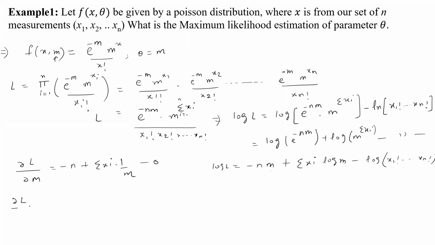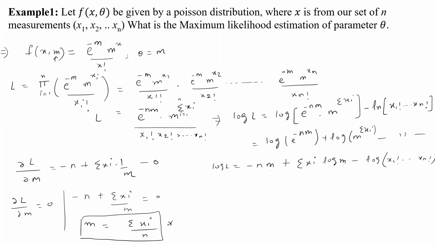When you set the differentiation equal to 0, because we are maximizing this likelihood function, you will get minus n plus summation of xi by m is equal to 0. So when you write the m value, you will get summation of xi by n.